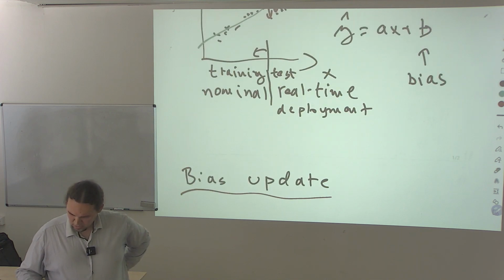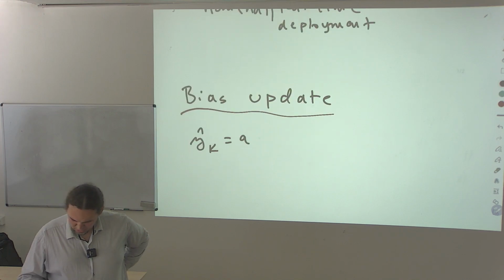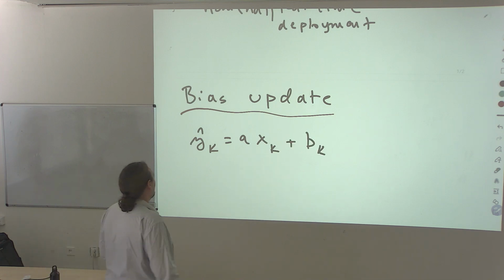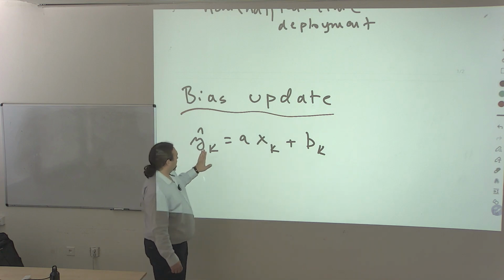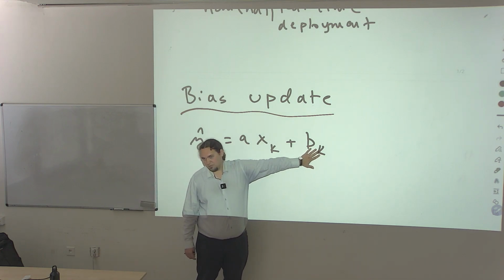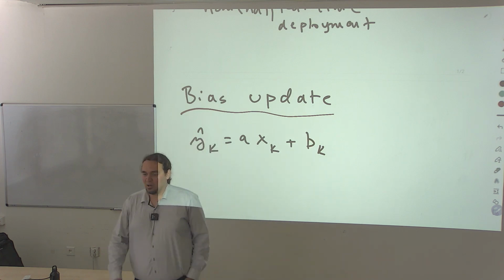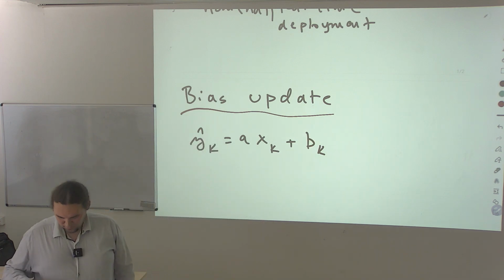Let's say that our model predictions, independent variables, and also this parameter, since we are changing it, becomes now a function of time.